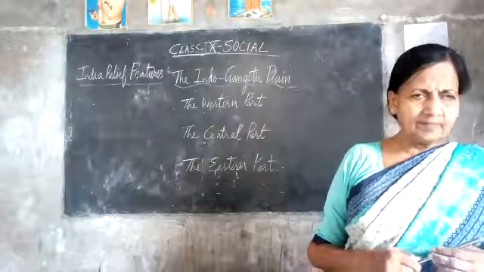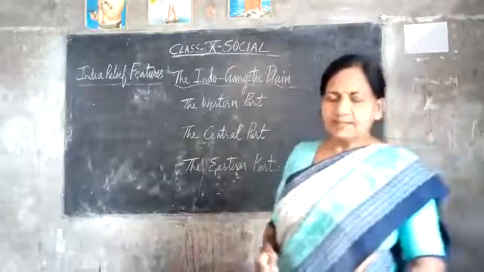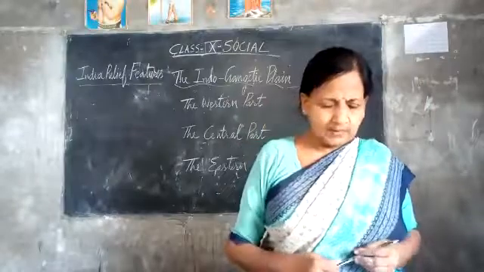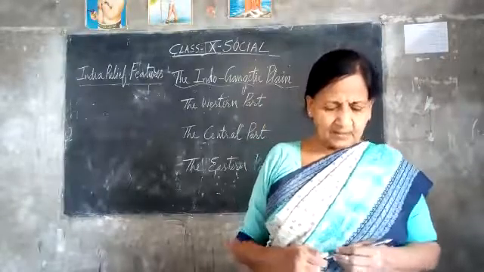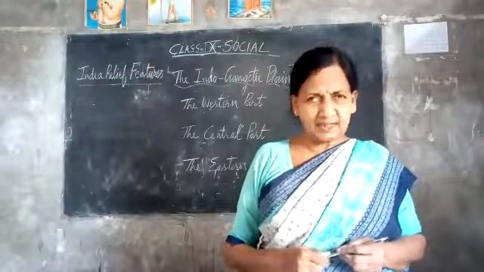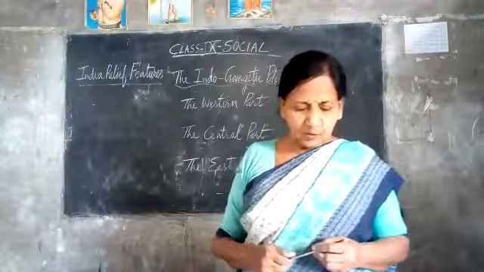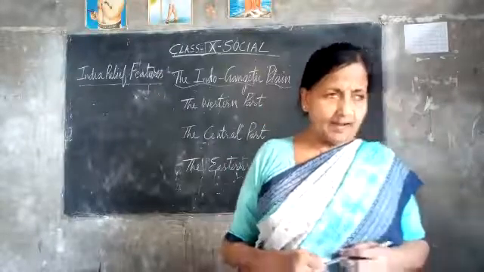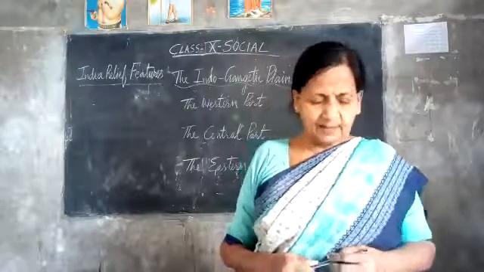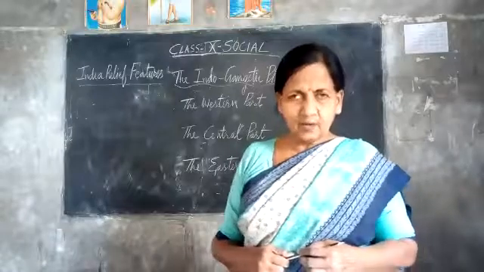So, the central part is extending from the rivers Ghaggar to Tista, and it is situated in Uttar Pradesh, Bihar and partly Haryana, Jharkhand and West Bengal.